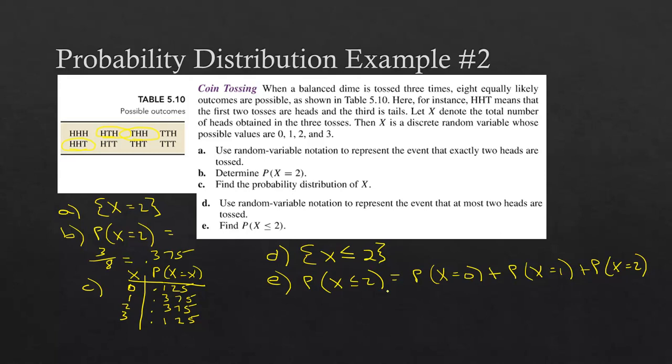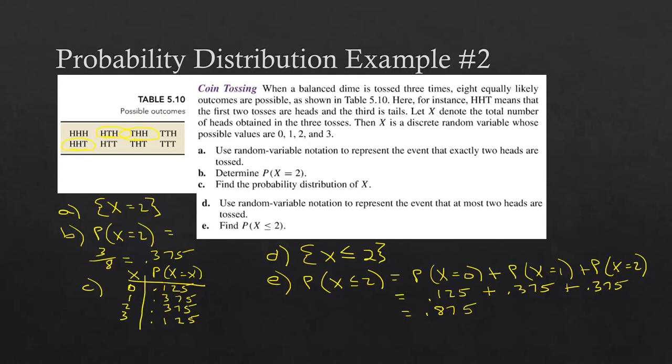So you know all these probabilities from our probability distribution. So that's 0.125 plus 0.375 plus 0.375. So the probability that X is less than or equal to 2 is 0.875. Okay? Hopefully that's fairly understandable on how we got that.